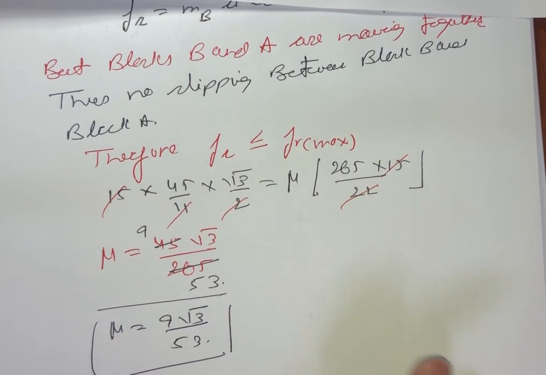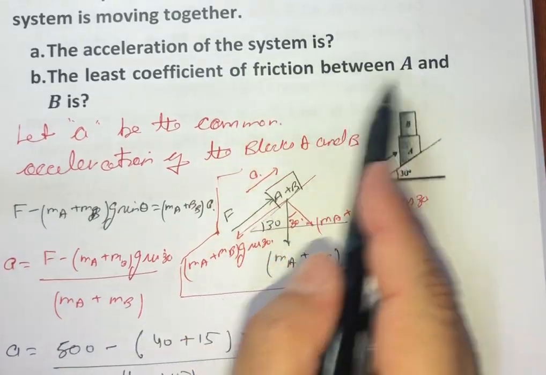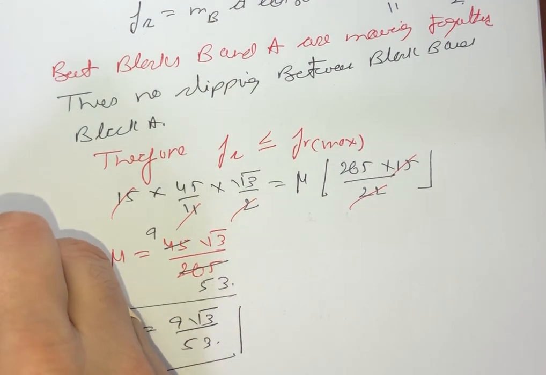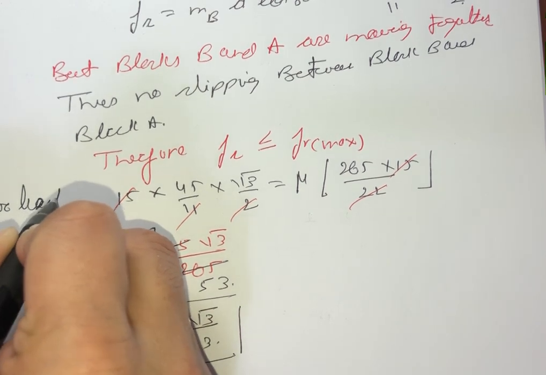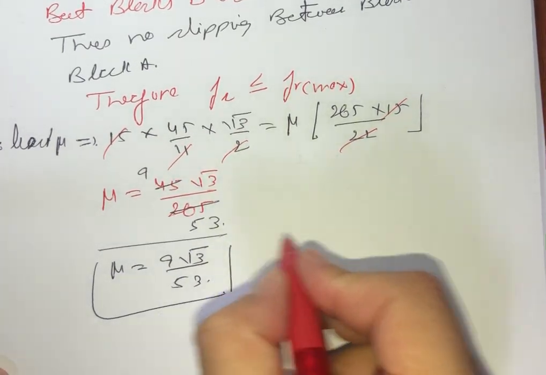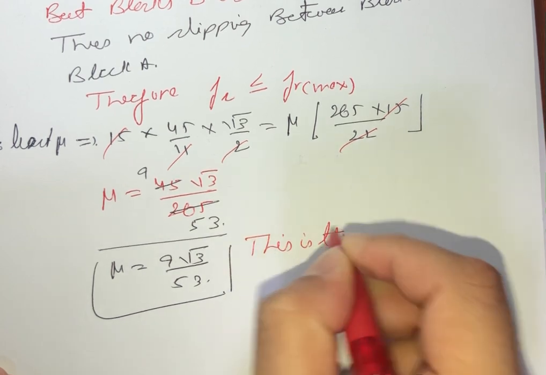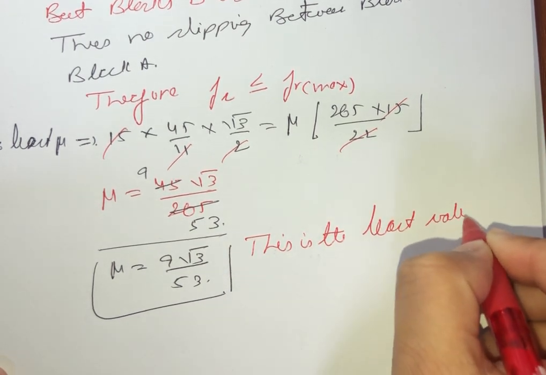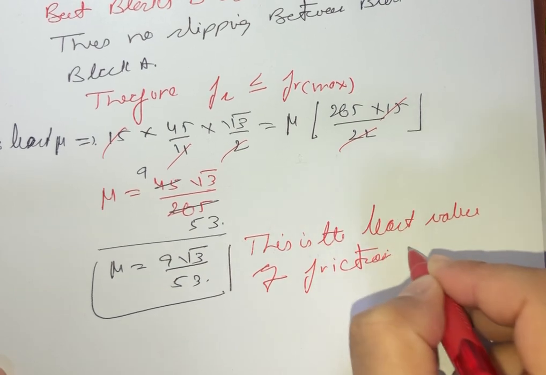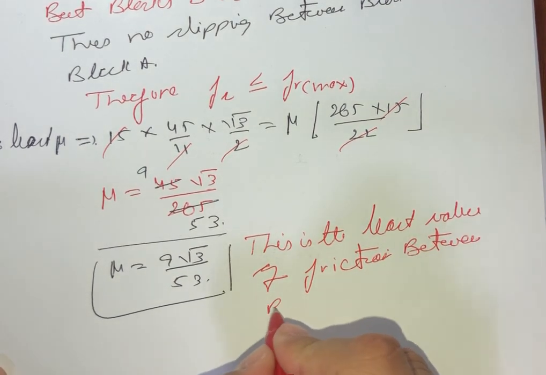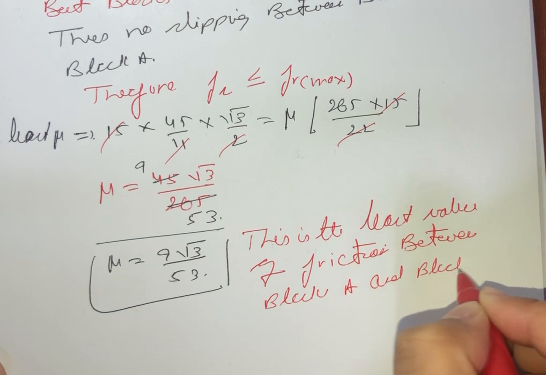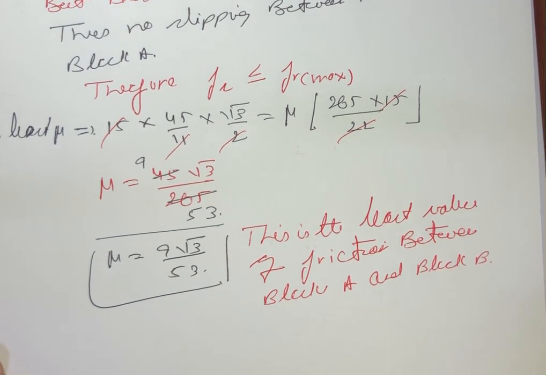This is the value of the least coefficient of friction between A and B. Thus this is the least value of friction between blocks A and B. So this completes the question. Thank you.